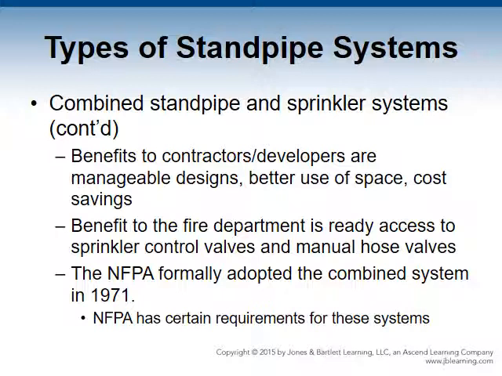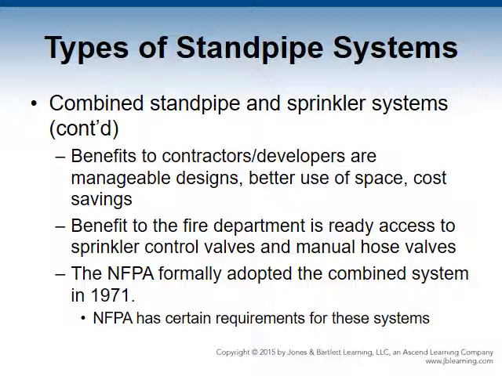In 1971, NFPA formally adopted the combined system to promote installation of automatic fire sprinkler systems in high-rise buildings. The requirements included sufficient water supply to support the standpipe and sprinkler system's demand. It had to have a minimum 6-inch supply pipe, and the sprinkler system with separate control valves on each floor.